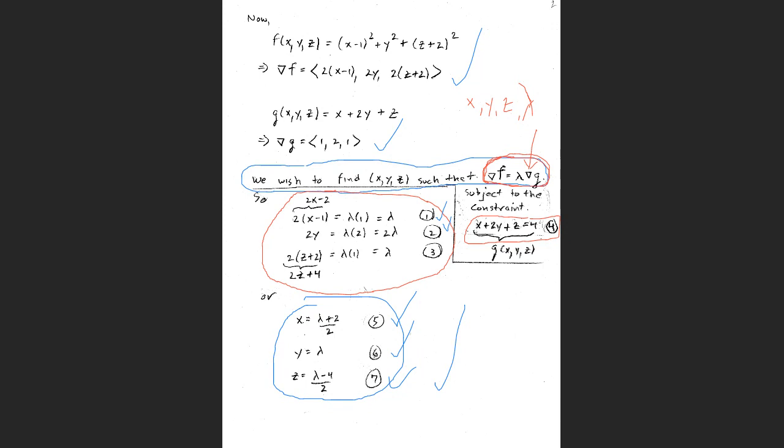Okay, so what do you think we're going to do? I have these three interesting equations where x, y, and z are functions of lambda. I used equations 1, 2, and 3 to get equations 5, 6, and 7.